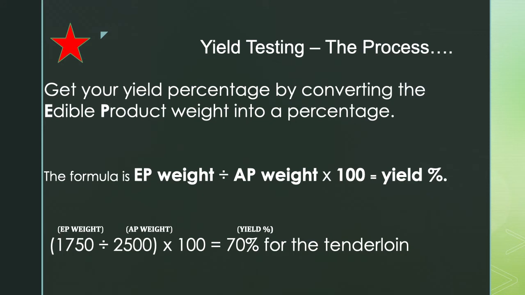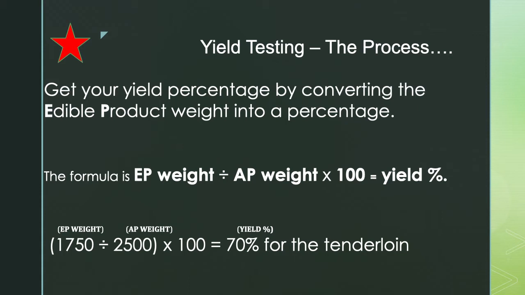Another red star slide. So next thing I want to work out is my yield percentage. And how I'm going to do that is I'm going to convert the edible product weight into a percentage. Fairly simple. You take the edible product weight, you divide it by the as purchase weight, multiply by 100, and that's going to give us your yield percent. If you look at the calculation at the bottom, my edible portion weight was 1,750 grams.